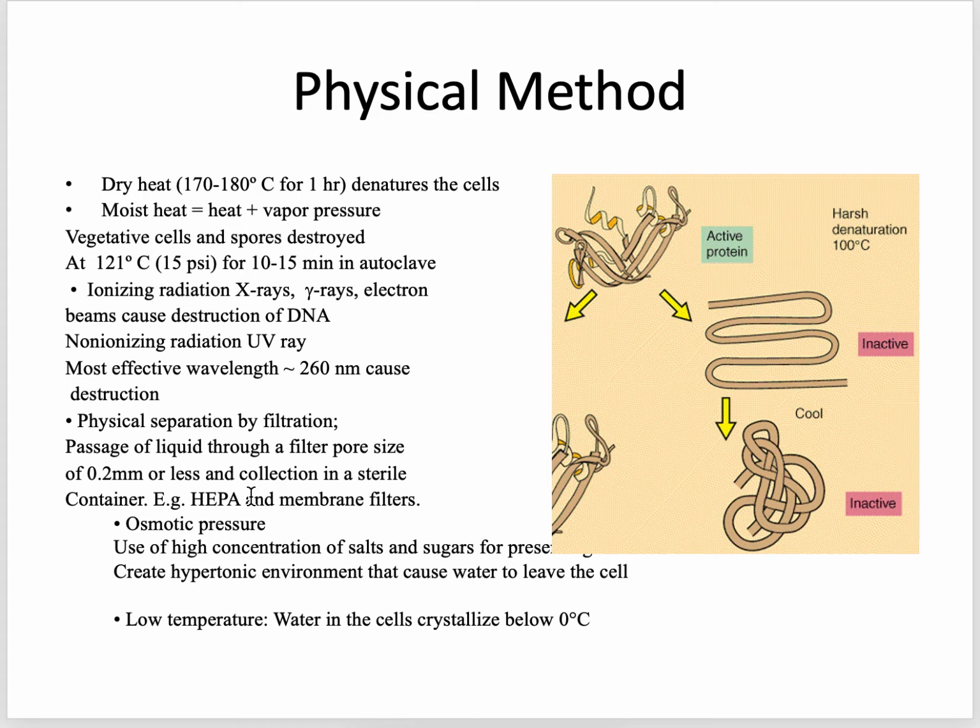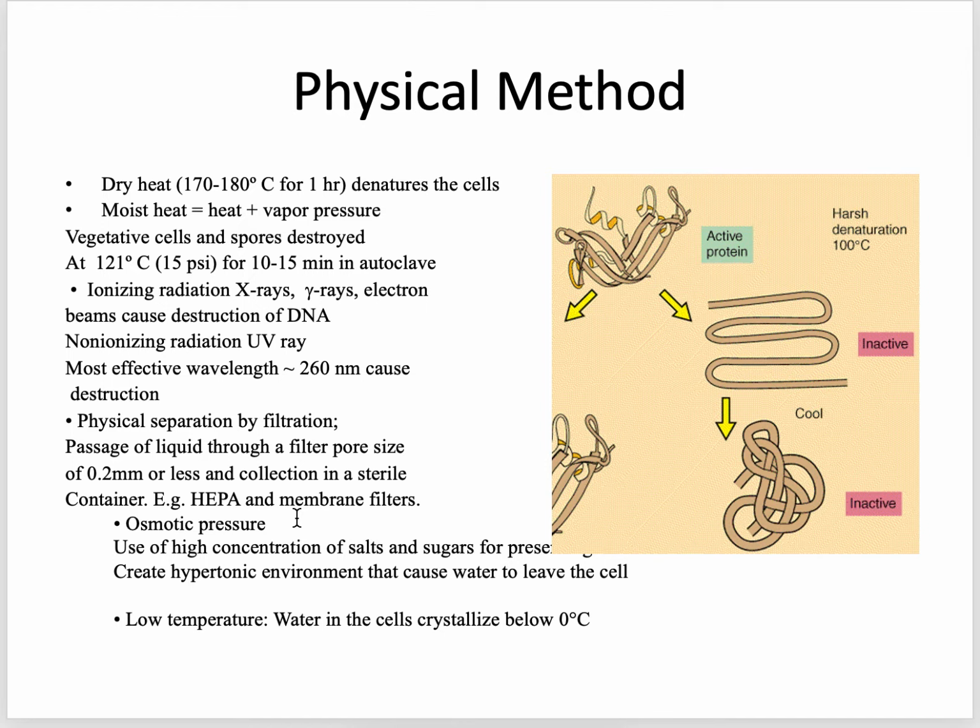Not only this, there are other physical methods such as osmotic pressure. We can actually use osmotic pressure to kill bacteria. How can we create osmotic pressure? You just have to put the cells in a different solute concentration. You know what osmotic pressure is, right? Inside the cells there is a certain concentration of solutes.